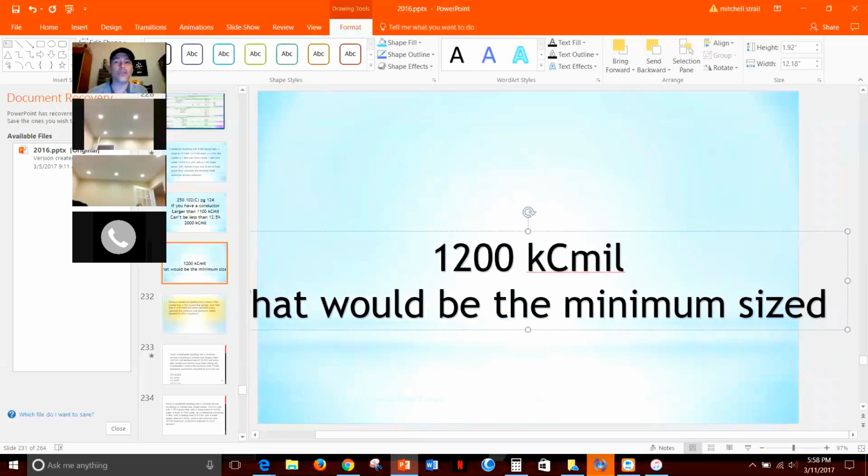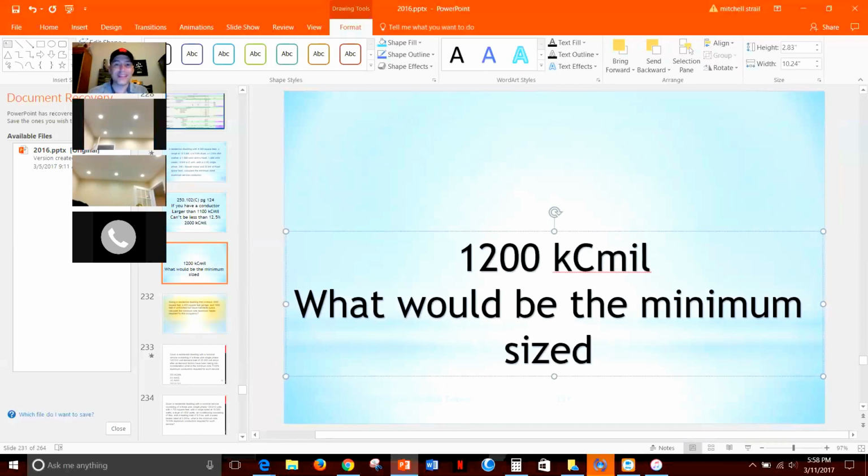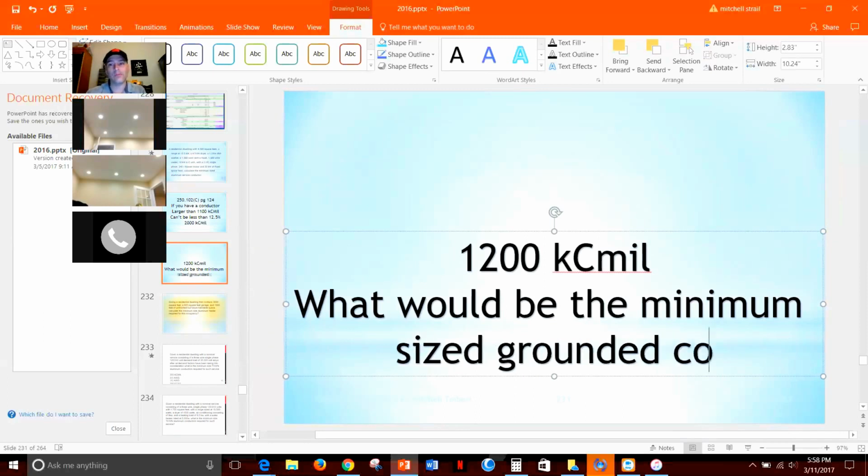And I'm not going to use the word neutral because they don't use the word neutral. They use the word grounded conductor on the test. So I'm going to use that here. But remember that's a neutral. It's not a grounding conductor. That's a grounded conductor.